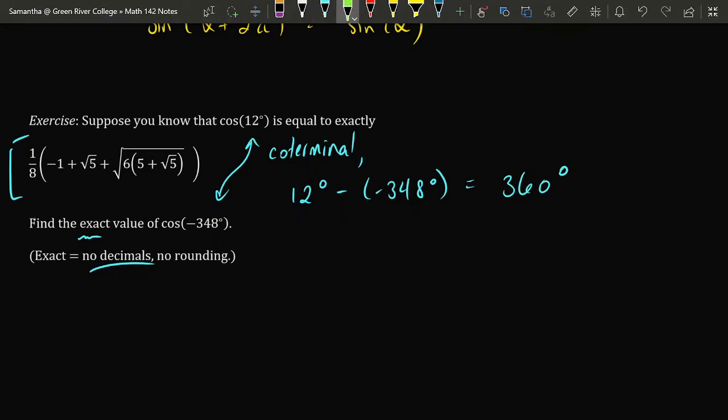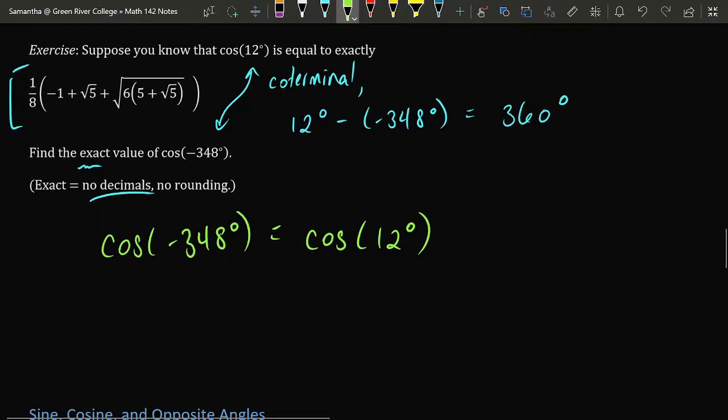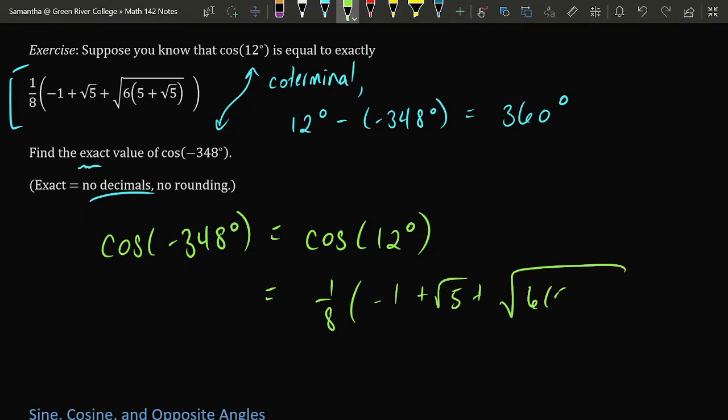So because negative 348 degrees and 12 degrees are coterminal, the output of cosine at those two locations is going to be exactly the same, which means that the output of cosine of negative 348 is going to be this monster, 1/8 times negative 1 plus root 5 plus the square root of 6 times the quantity 5 plus root 5.